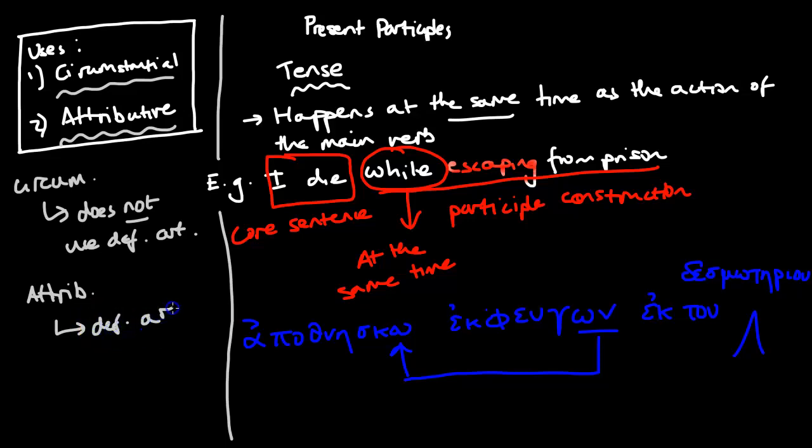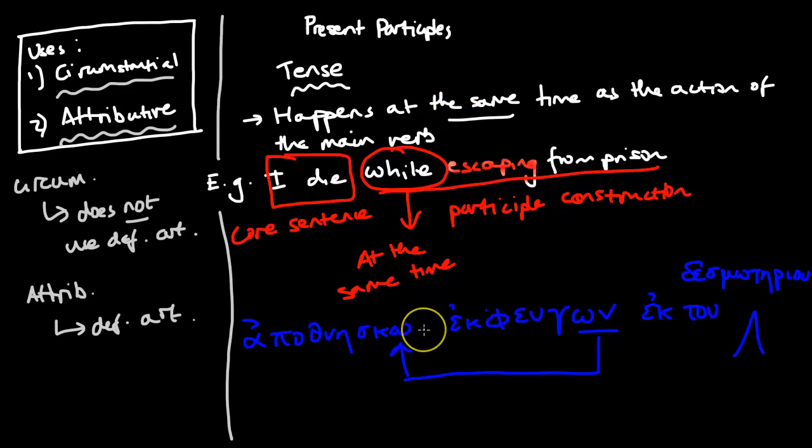It does use the definite article. The circumstantial just gives the circumstances of the action. So it's more general, it's less specific. E.g. in this example, I die while escaping from prison. That's an example of the circumstantial use of the present participle.